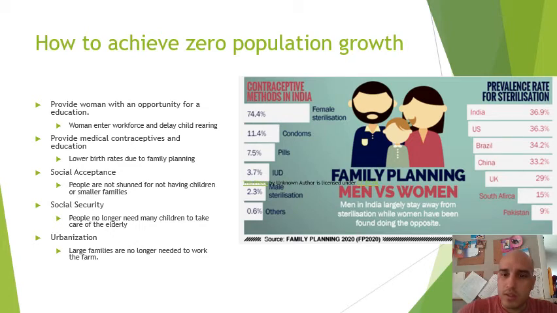So here I found this really cool image, and this is contraceptive methods in India, and they're also comparing them between men and women. Female sterilization, about 74.4% practicing female sterilization, 11.4% condoms, 7.5% pills, 3.7% IUDs, 2.3% male sterilization, so we're having a very low percentage in male sterilizations, and 0.6% others.